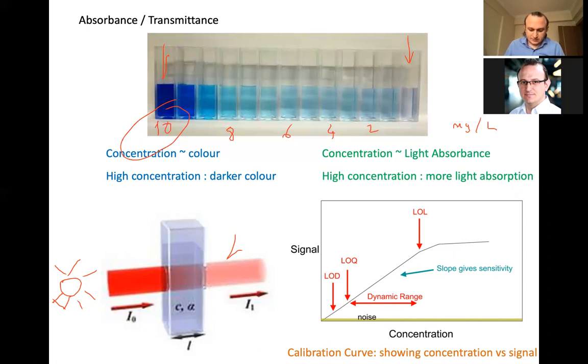The signal we observe is absorbance, and the concentration is at the x-axis for the calibration curve, so it should be like this: 2, 4, 6, 8, 10 milligram per liter with respect to the units numbers we just made.